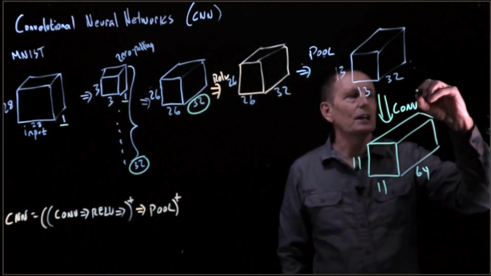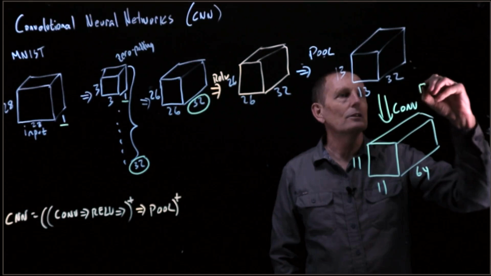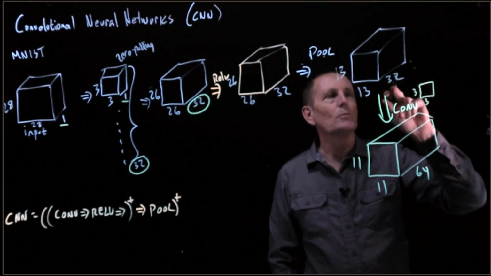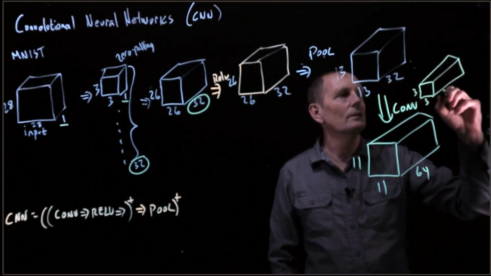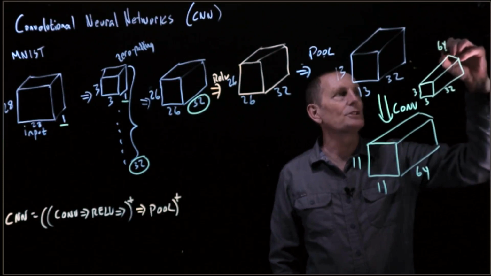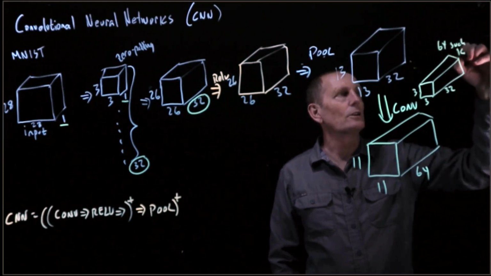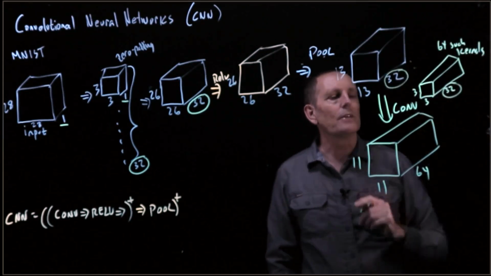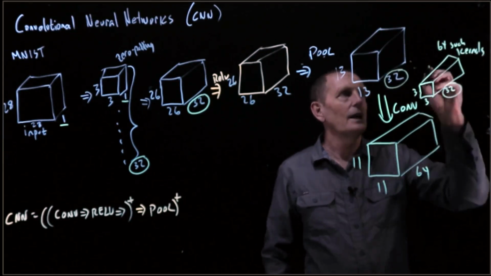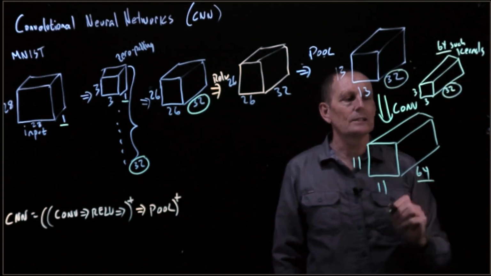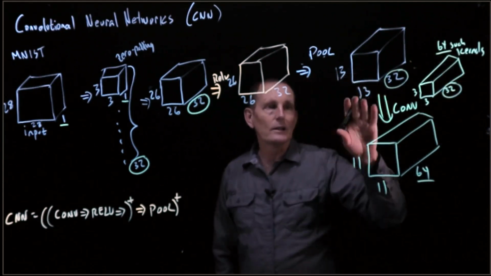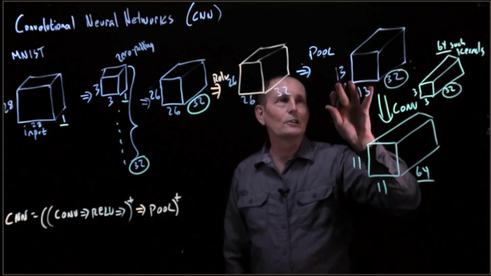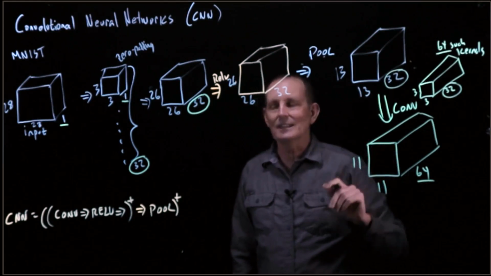So that tells us each convolution was a 3 by 3 by 32, and we had 64 such kernels. And this 32 is that 32, and this 64 is that 64. Clearly, again, we have 0 padding because we are losing 2 pixels, height and width.